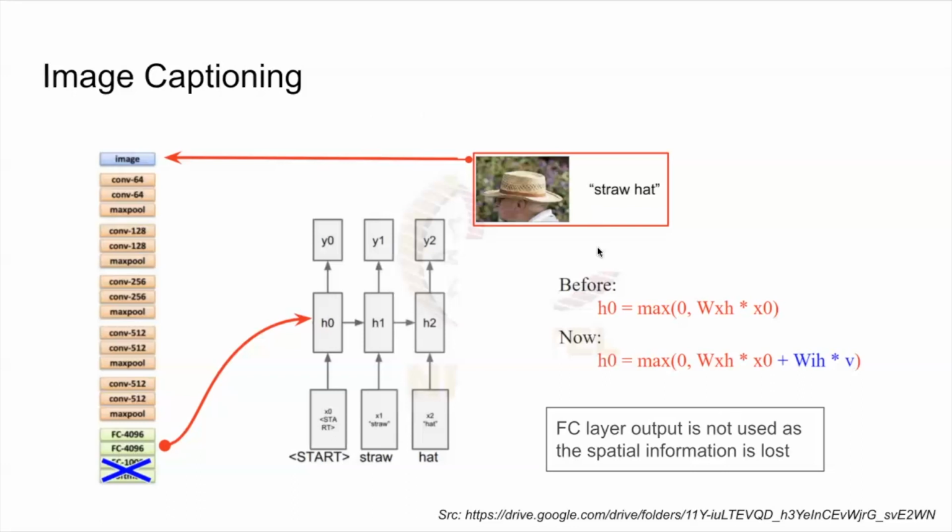Before, what we were doing is just max of 0 and W times h times x0. This is a ReLU. Now we're putting an attention layer as well, so that when the prediction comes for the first layer, it should not only look at the start symbol and start generating from the context vector.